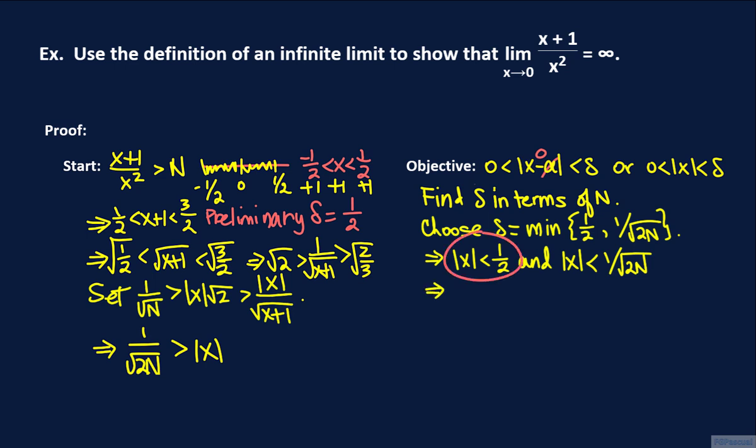When the absolute value of x is less than 1/2, we already know that the square root of 1/2 is less than the square root of x plus 1 is less than the square root of 3/2.